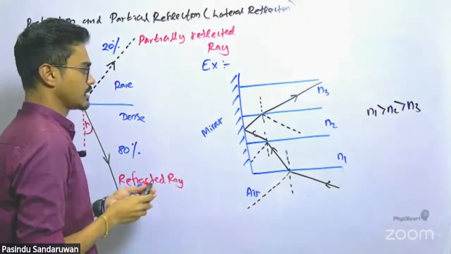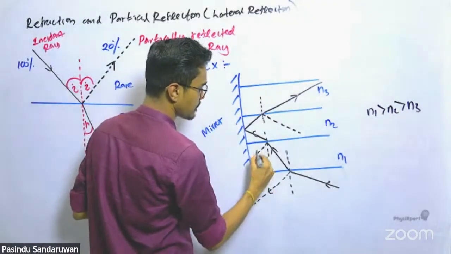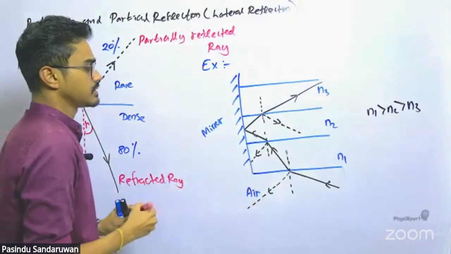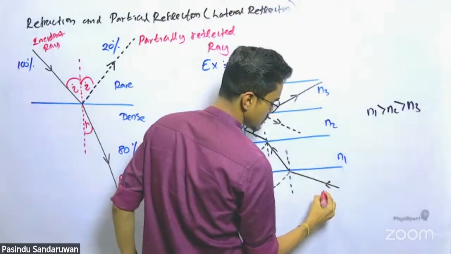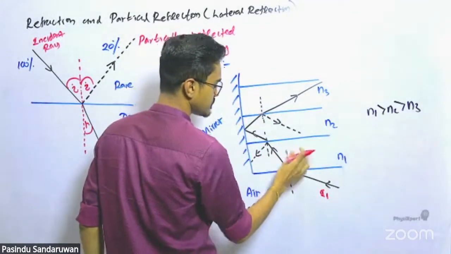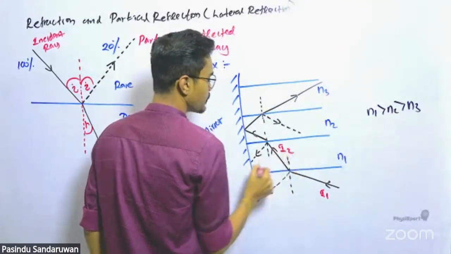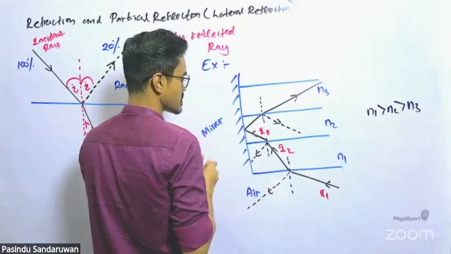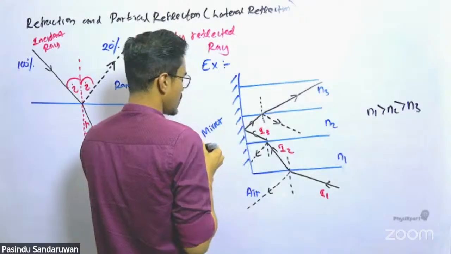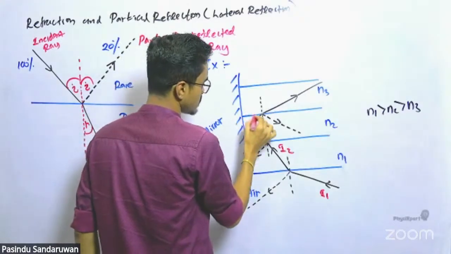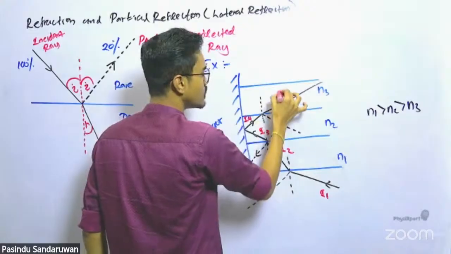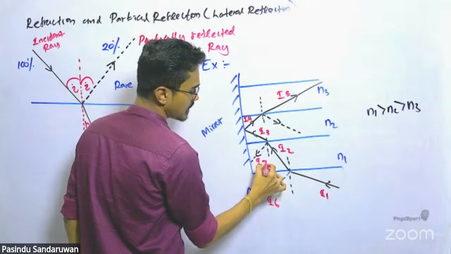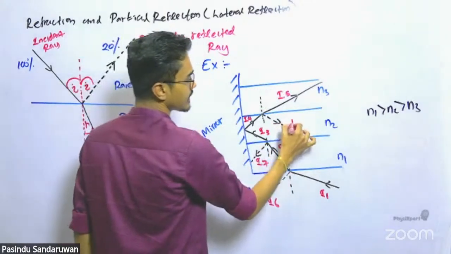Now let me label these rays as I1, I2, I3, I4, I5, I6, I7, I8.